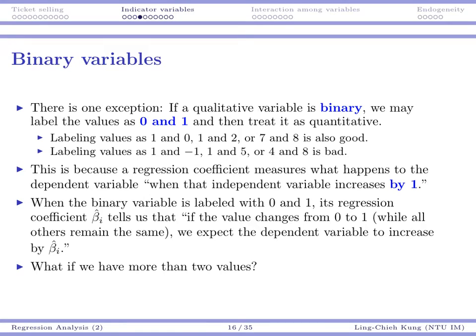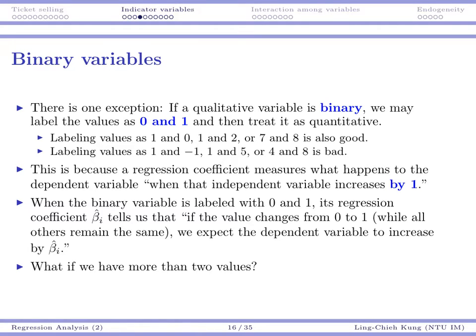Because in general, when we put a numerical variable into a model, that coefficient tells us what happens to the dependent variable when the independent variable increases by 1. Right? That's the regression coefficient's meaning. So if there are only two values and the difference is 1, then when the independent variable increases by 1, that just means moving from 0 to 1.